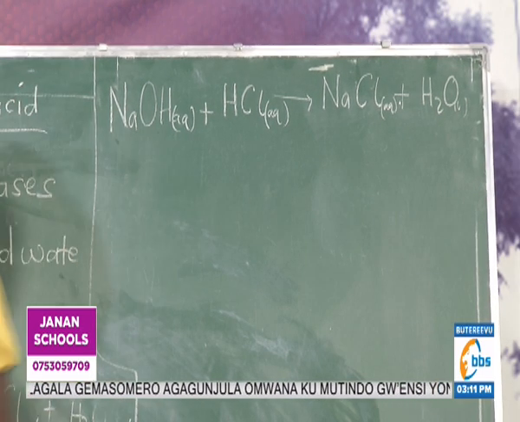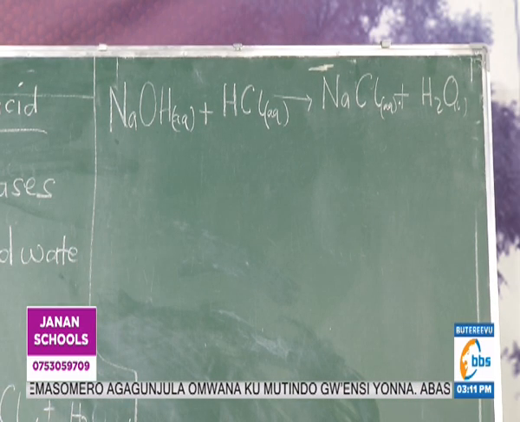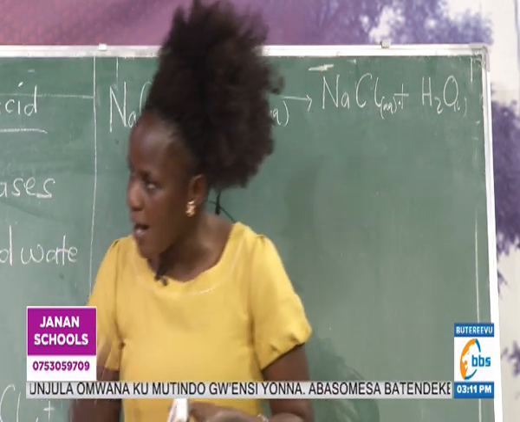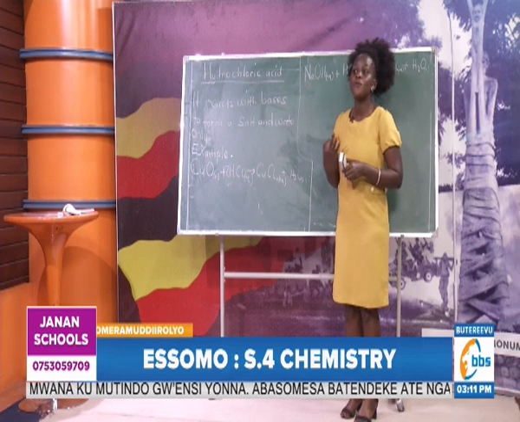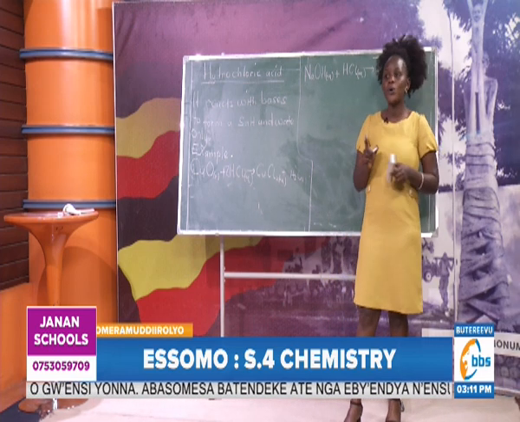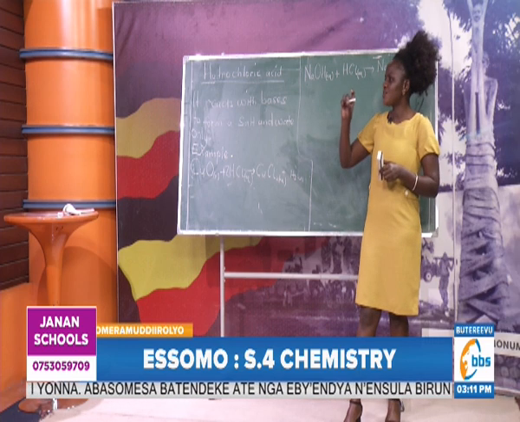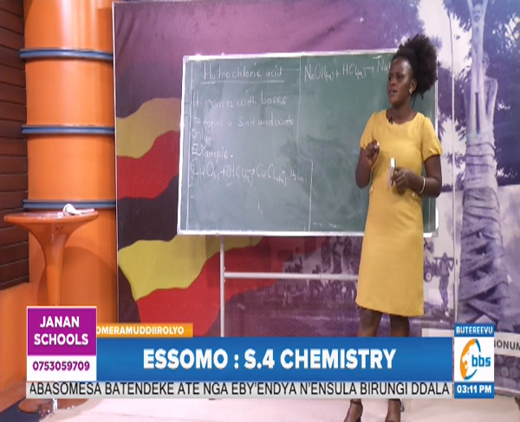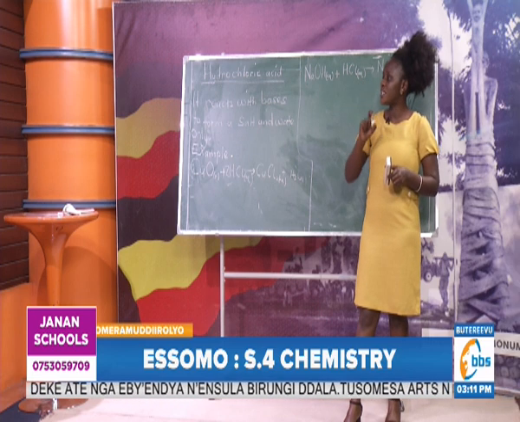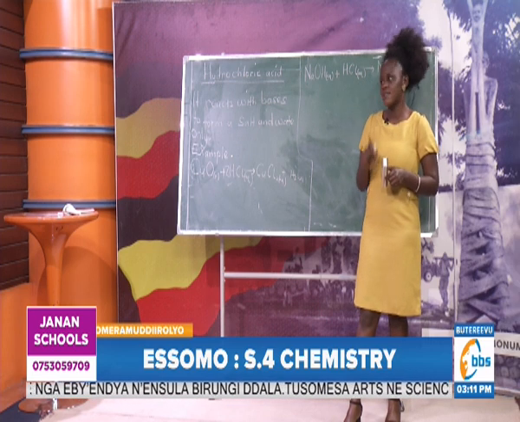The third chemical property: like any other mineral acid, this acid also reacts with metals to form a salt and hydrogen gas. I remember I told you that for its reactivity with metals, you must look at the position of the metal in what we term as the reactivity series.